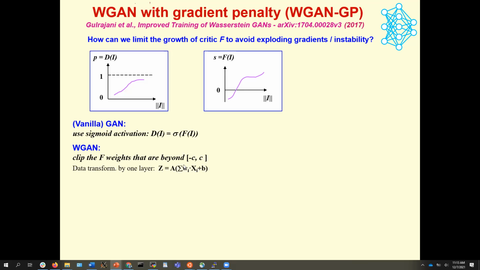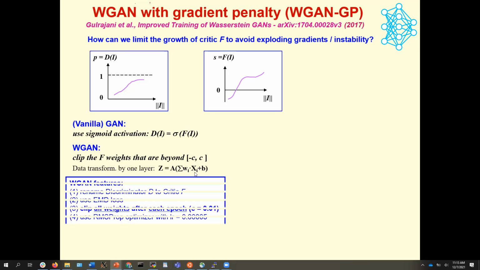If we limit the weights in this network with clipping, which means that if a weight is beyond a certain interval, then we set the weight to the boundary: if the weight is very negative, we reset it to minus C, and if it's very positive, we reset it to plus C. The suggested value of the boundary C is 0.01.